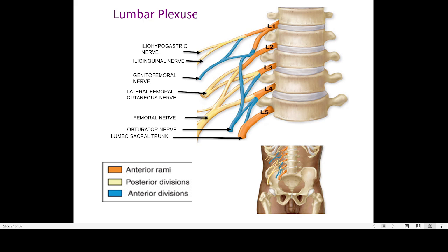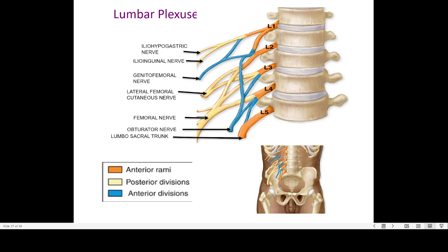So there are no further complications, just simple. The anterior rami of L1 to L5 unite to form different branches. Here the important branches: again these anterior rami unite and divide in the form of posterior division and anterior division.